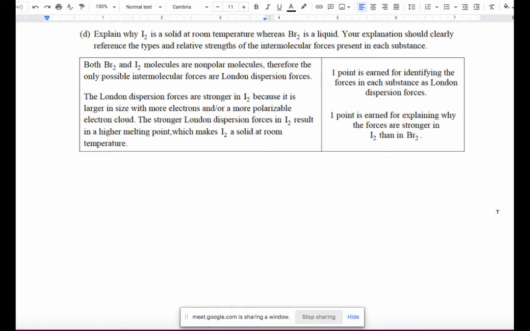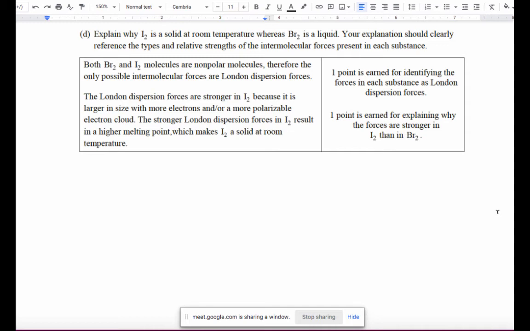So both Br2 and I2 molecules are nonpolar, so the only intermolecular force for both is London dispersion forces. Whether you say London forces or dispersion or LDFs, they will know what you mean. So that was 1 point, just for saying that they both exhibit dispersion forces. Then the second point comes from the explanation. Remember that solids have stronger intermolecular forces than liquids, which have stronger intermolecular forces than gases.